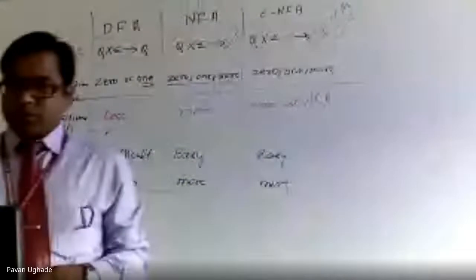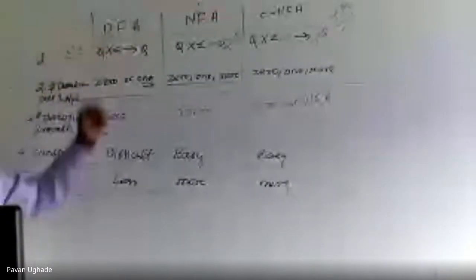Okay, class? In today's session, we have discussed the conversion of epsilon NFA to DFA, and the last part was the differentiation between DFA, NFA, and epsilon NFA. If you get any problem, put it in the chat box.